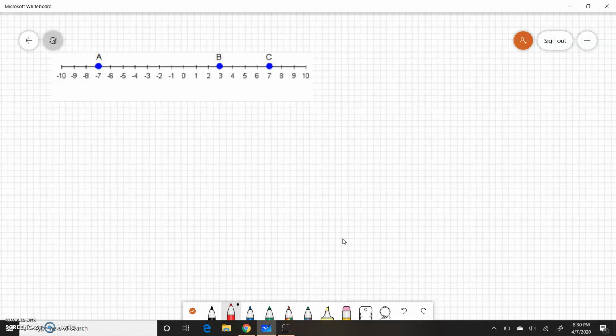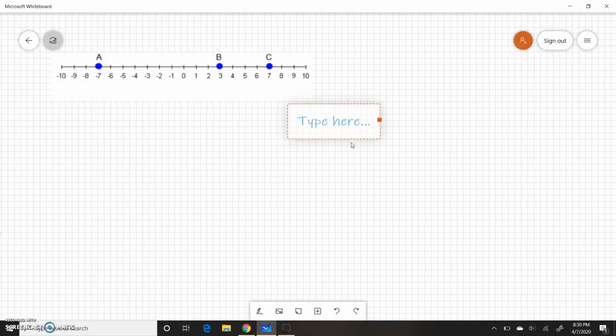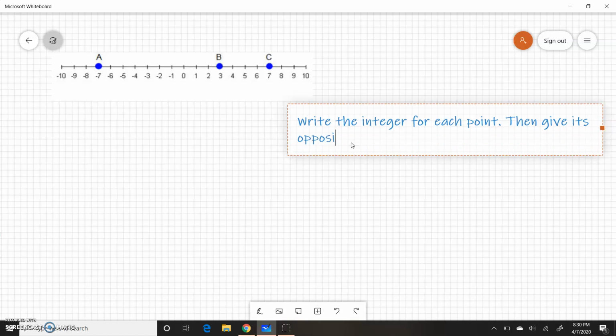So they're going to want them in that order. Here, let me type it out so you can see what the directions will look like. It says, write the integer for each point, then give its opposite and its absolute value.